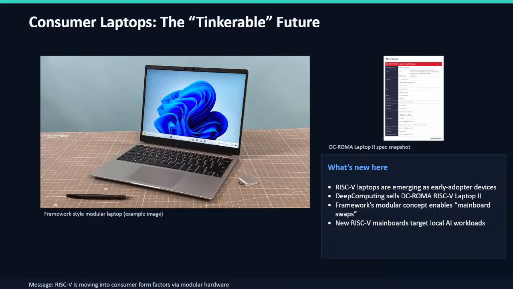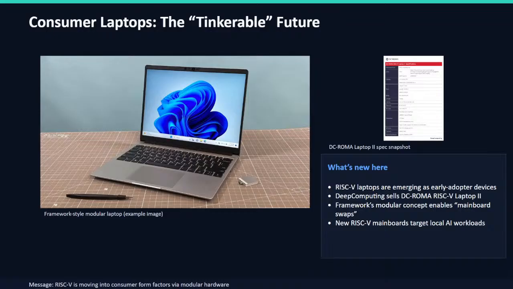A concrete example is DeepComputing. They sell fully RISC-V laptops called DC-ROMA laptops, built around a RISC-V SoC and paired with mainstream Linux options.